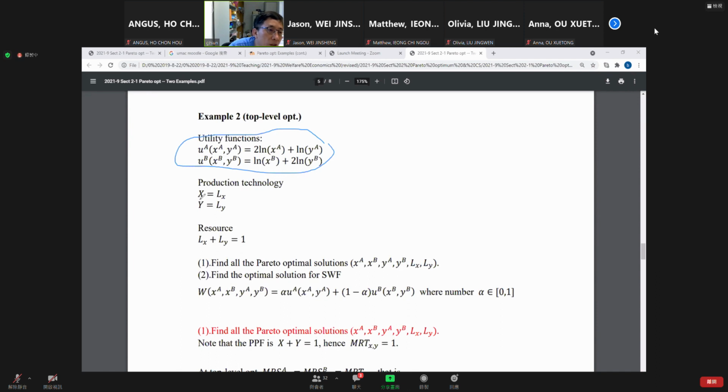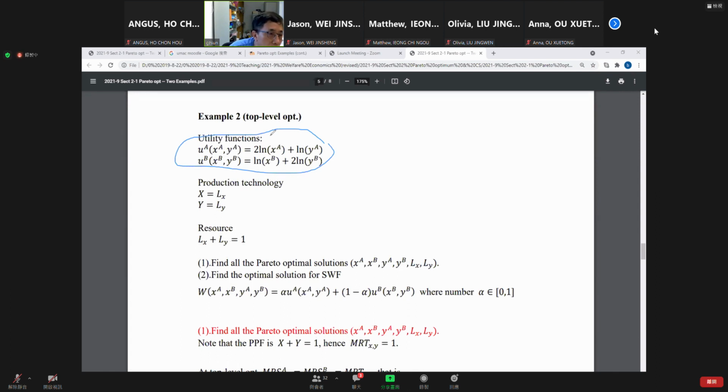And now, let's allow for production. And the constraint, we have some resources. So far we are theoretically discussing the top level optimal. We always assume that we have resources, labor, and capital.